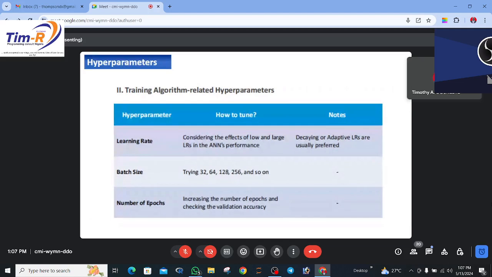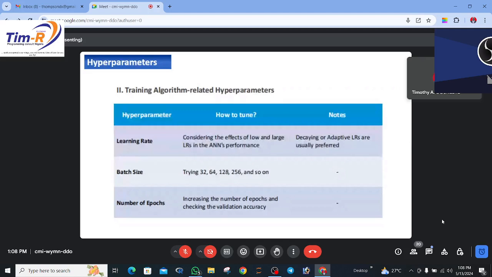Considering the effect of low and large learning rates on artificial neural network performance, if we see that the validation is starting to deviate away from the training and they are not trying to converge together, then that means we need to adjust the learning rate. And we need to take note that decaying or adaptive learning rates are usually preferred.